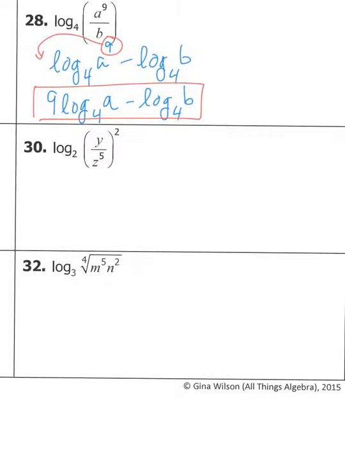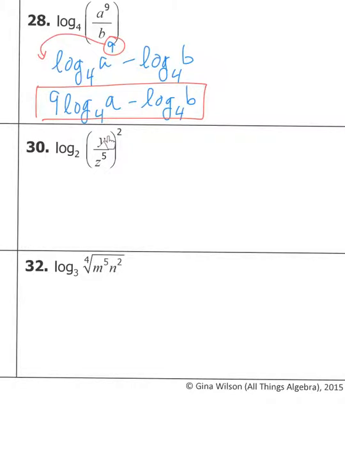For 30, again, I would do power to a power. So I'm going to multiply exponents. So this is to the 1st and this is to the 5th. So I end up with log base 2 of y to the 2nd over z to the 10th. And again, I just did 1 times 2 is 2, 5 times 2 is 10. Now I can tear these apart, since they're division, by using subtraction.